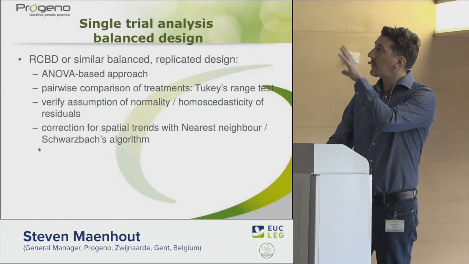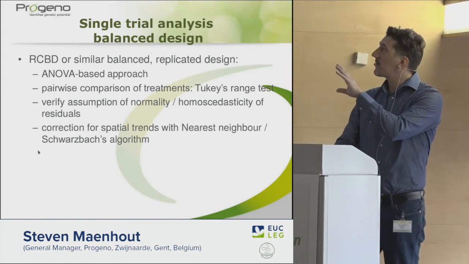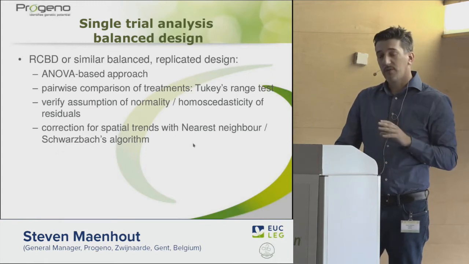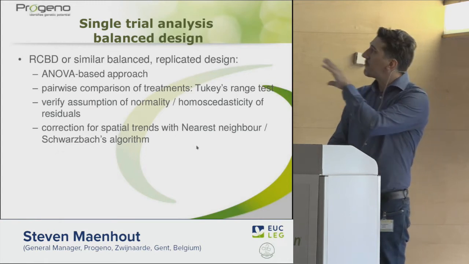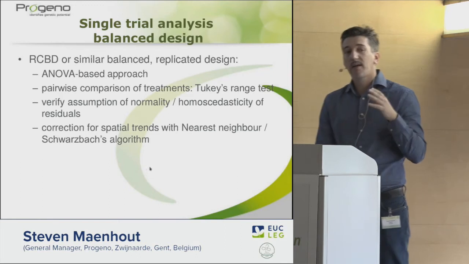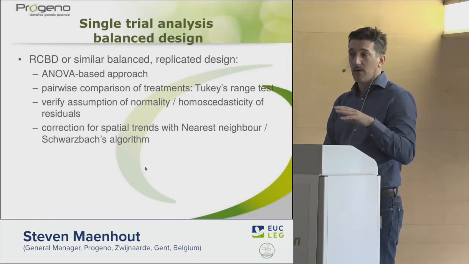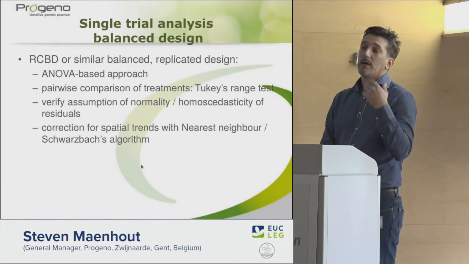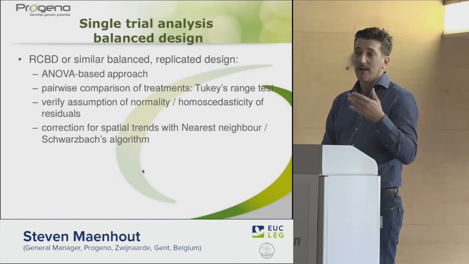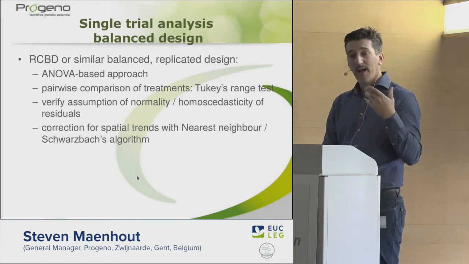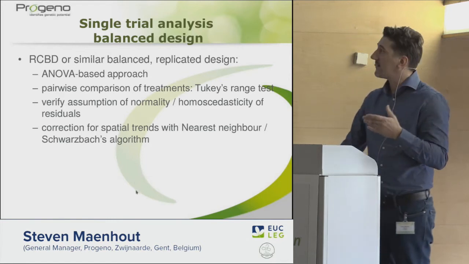It's just saying that we're going to use a randomized complete block design, and we're going to correct for spatial trends with nearest neighbors. So this nearest neighbor approach, Schwarzbach's algorithm, takes you back to the end of the 70s, early 80s. Is it wrong? No, it's not wrong. Just saying that there are currently, 2019, more elegant, more advanced methods to do these spatial analyses.